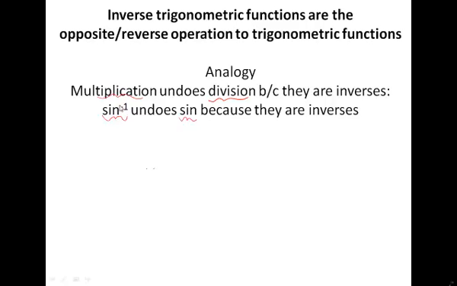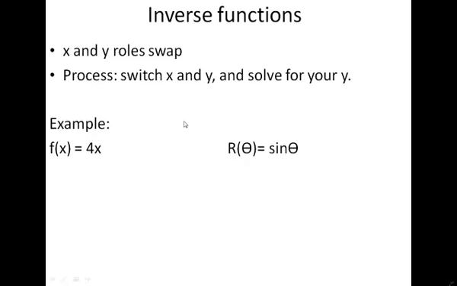This is a certain notation. I'll introduce that to you in a little bit. But we need something to undo our trig functions to work backwards. Alright, a quick reminder of what inverse functions were. Keep in mind that the x and y roles swap. The process that we used was we would switch the x and y roles and then solve for y.